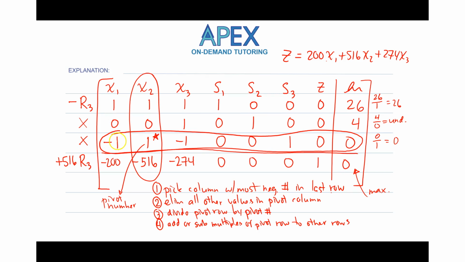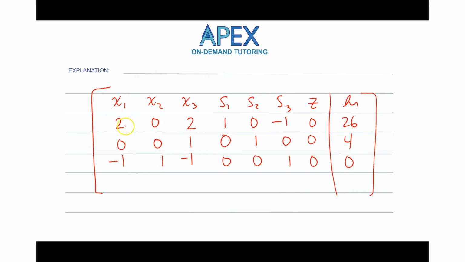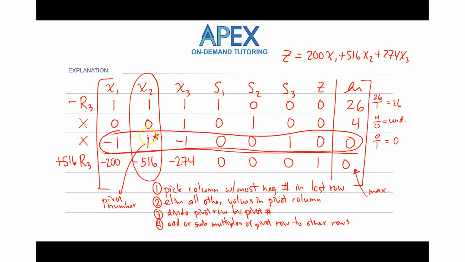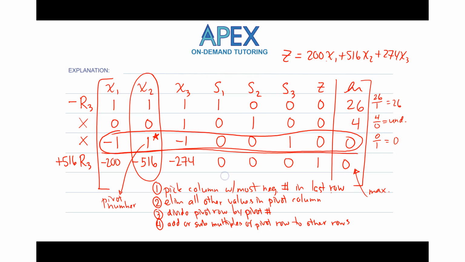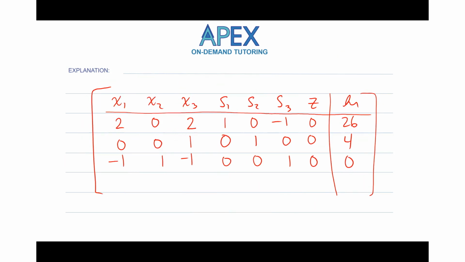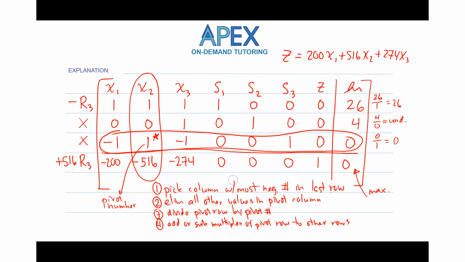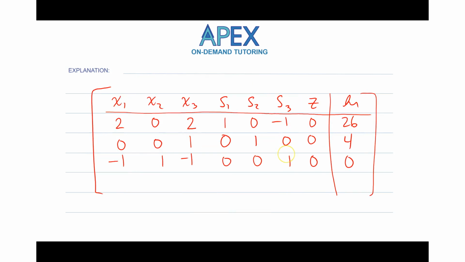So 1 minus negative 1 turns into 2. 1 minus 1 turns into 0. 1 minus negative 1 turns into 2, and so on and so forth. The only thing we picked up that we didn't have is this 0 for slack 3 turned into a negative 1.